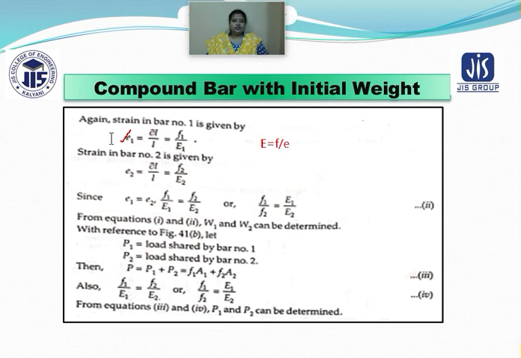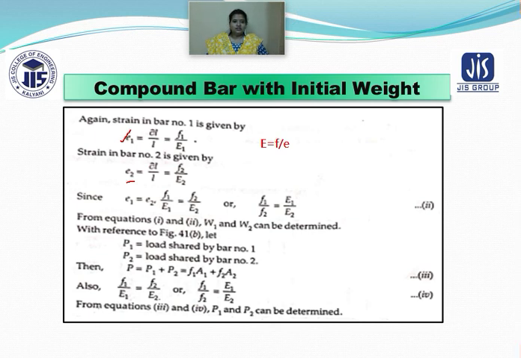So if E is stress by strain, then strain can also be written as F by E, that has been provided here. So in the same way, this is for bar 1, and strain 2 is calculated for bar 2. So whatever the object may be, it has been attached to a single bar and it has been shown that it is hanging there.